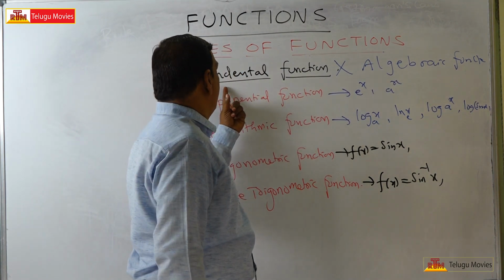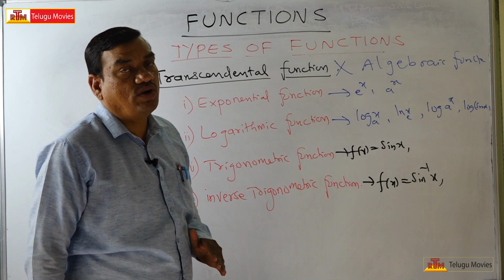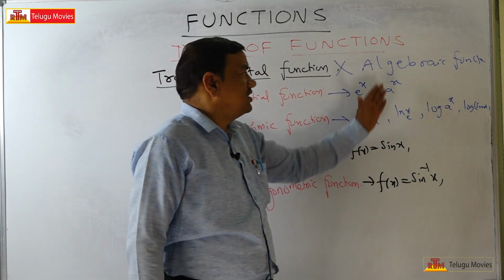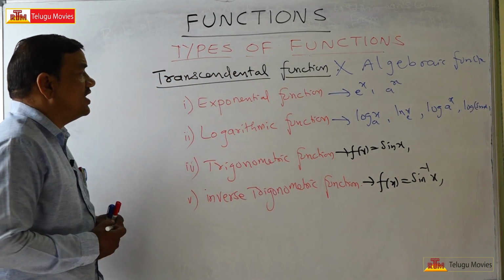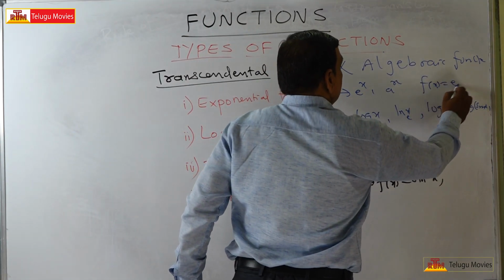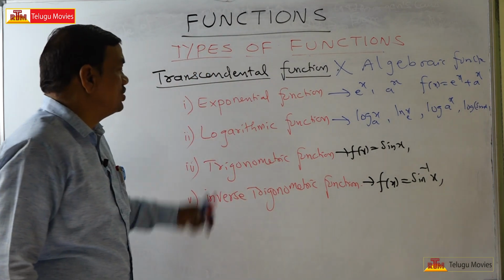So here, transcendental functions and algebraic functions: the functions which are not algebraic functions are called transcendental functions. See here, all these are transcendental functions. And the sum of exponentials, for example, f of x is equal to e power x plus a power x, is also called an exponential function.